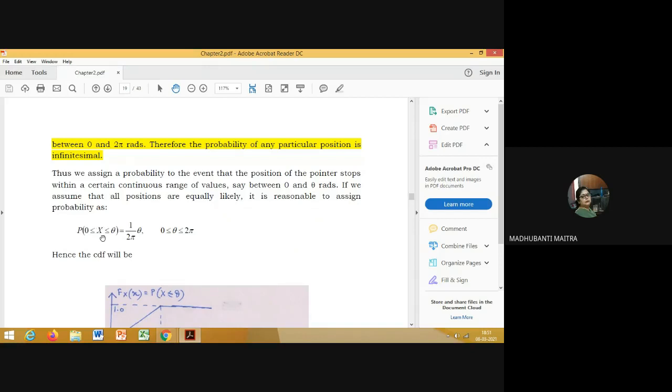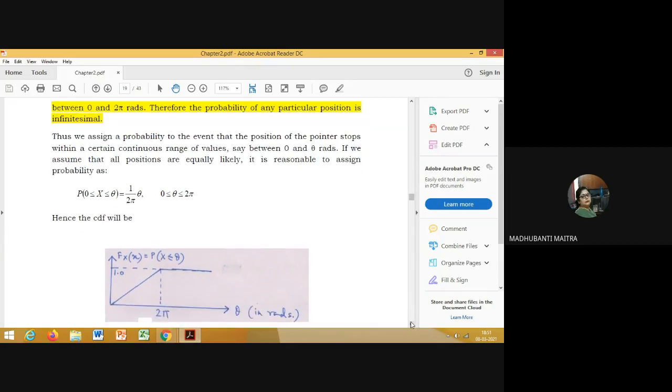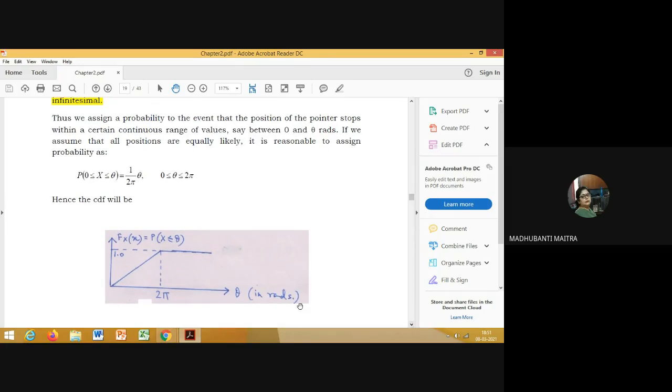That means x, the continuous random variable, will be less than theta and greater than 0, will lie within this range, is equal to 1 by 2 pi multiplied by theta, where theta is varying from 0 to 2 pi. Do you agree? Then we can plot the cumulative distribution function in this manner.